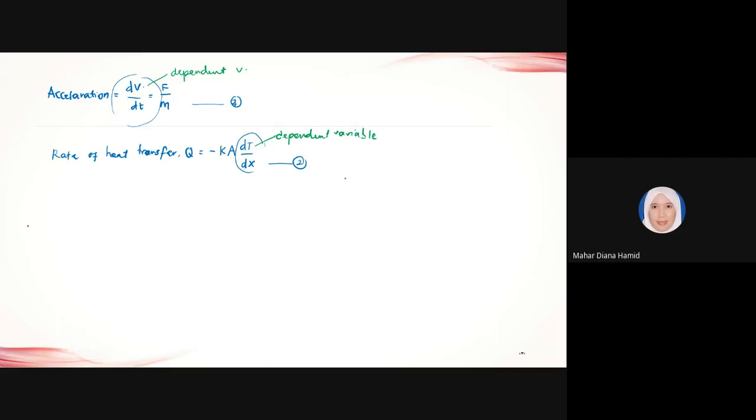While the quantity with respect to which the dependent variable is differentiated is called the independent variable. So this would be the independent variable. Similarly with X here.